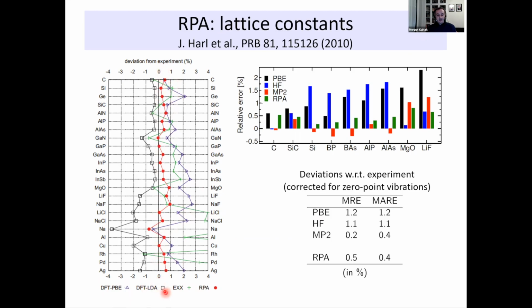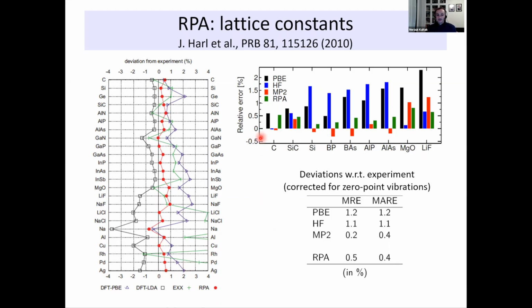Then LDA, which has smaller lattice constants, of course. And the exact exchange degree line, and then the RPA. Finally, the RPA values are really in between these 2 methods and are very close to experimental lattice constants.